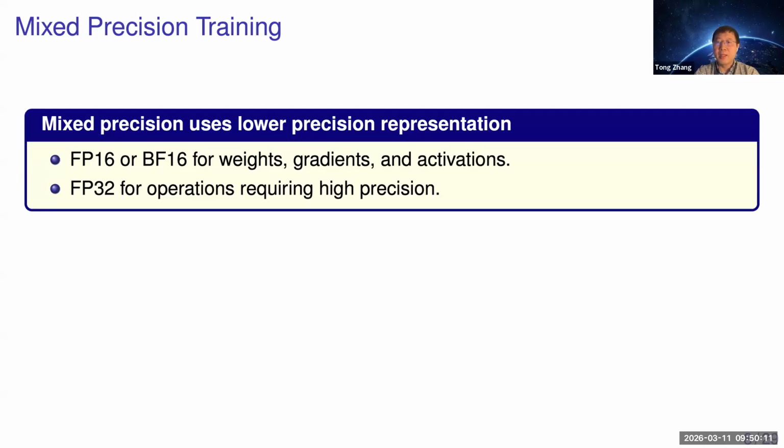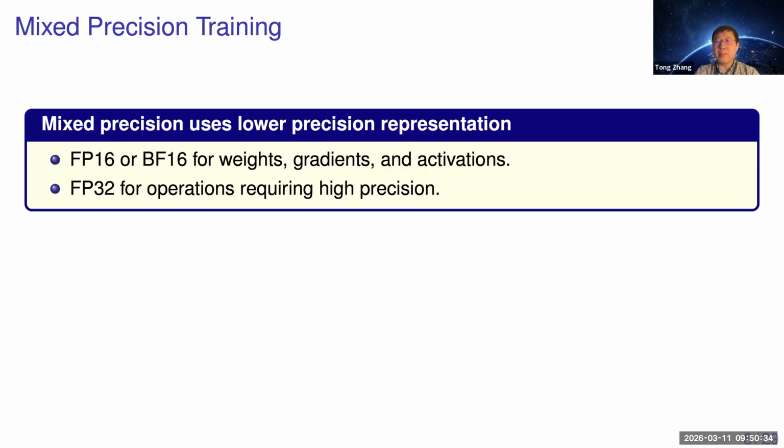High precision is not as important. We need a relatively loose precision, but we need a large scale. So that's why this makes sense. Essentially, in training, you use the lower precision, which is 16.